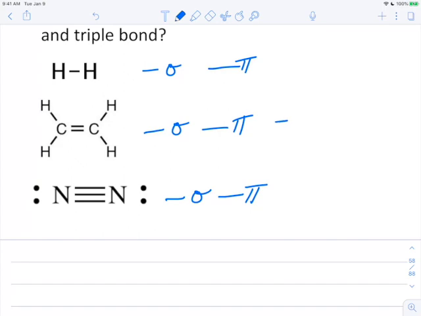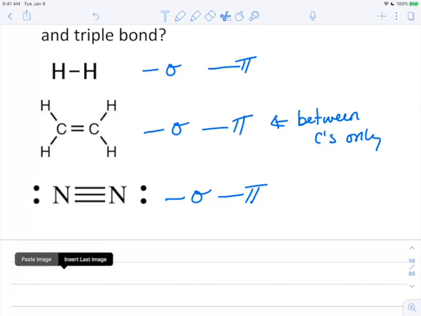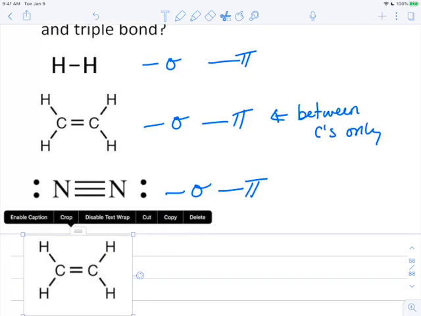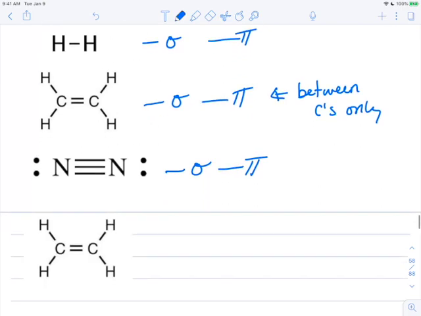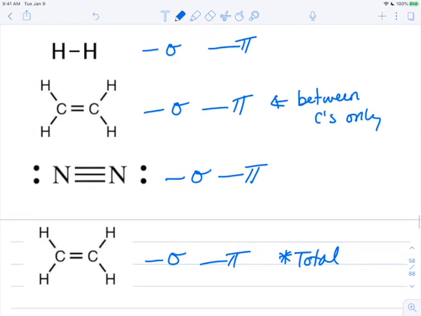I'll have you do this one between carbons only, and then we're going to do it one more time. And I'll have you do total. So this time you're counting up the whole molecule, all sigmas and all pi's. We have four of them to do, so go ahead and give these a shot.